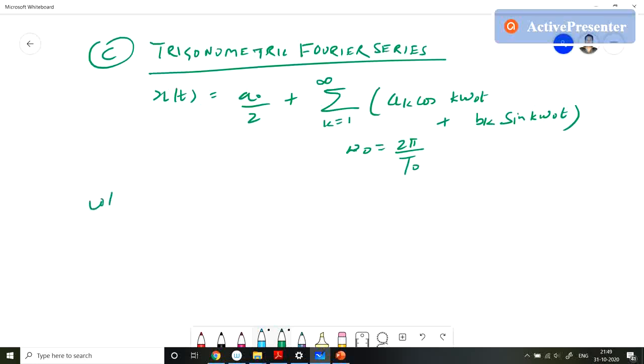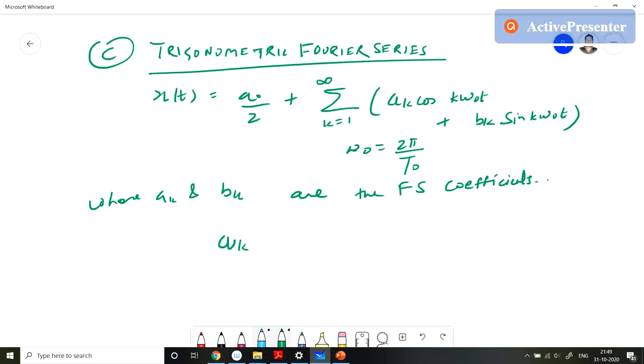where ak and bk are the Fourier series coefficients.